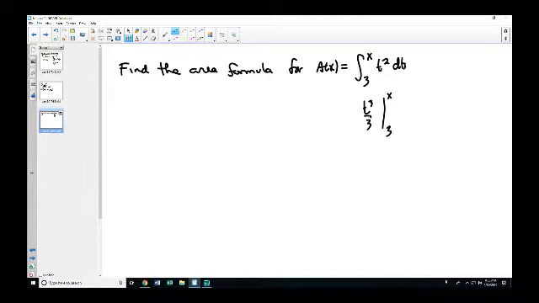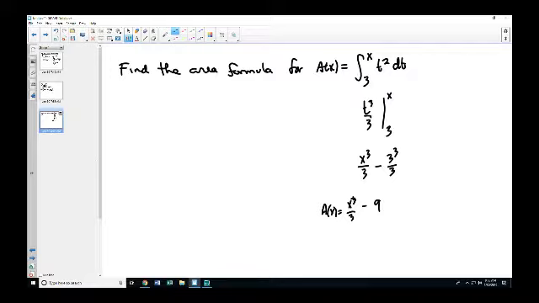So the next step gives you the formula: x cubed over 3 minus 3 cubed over 3. Without that x value, your area formula is one third x cubed minus 9.